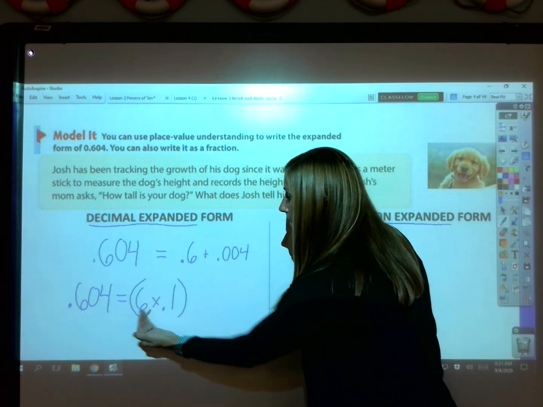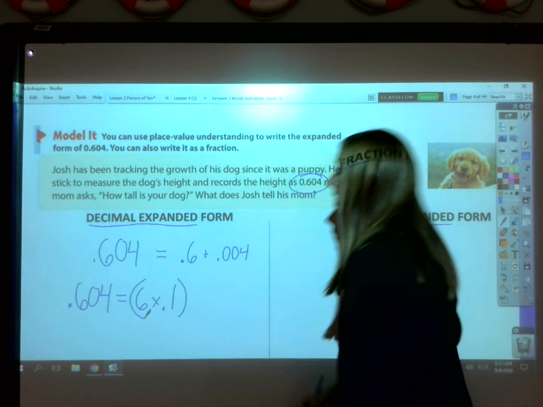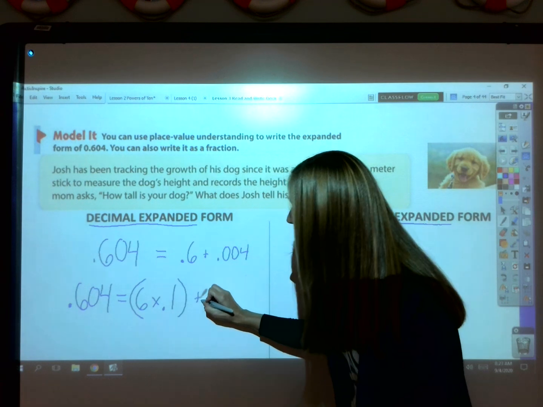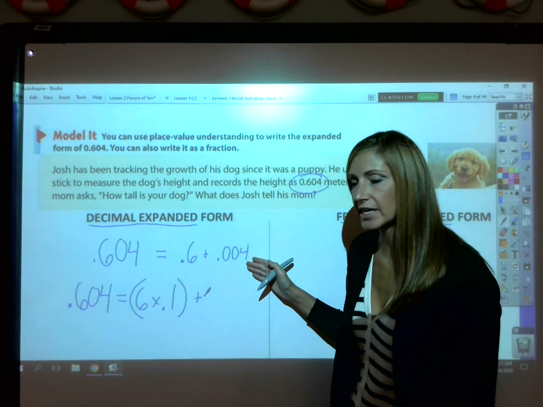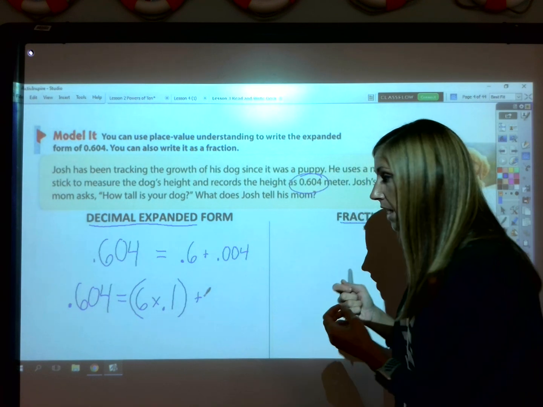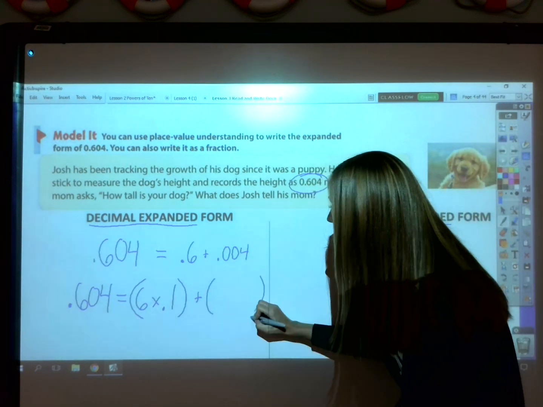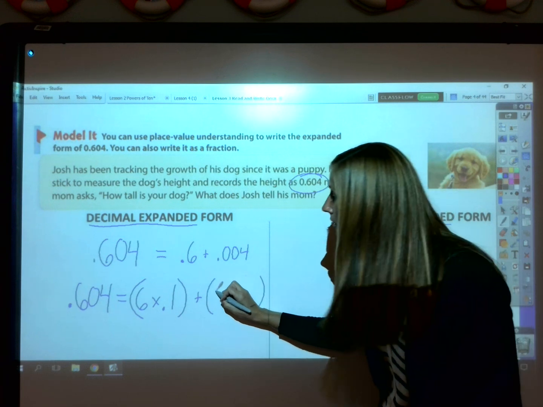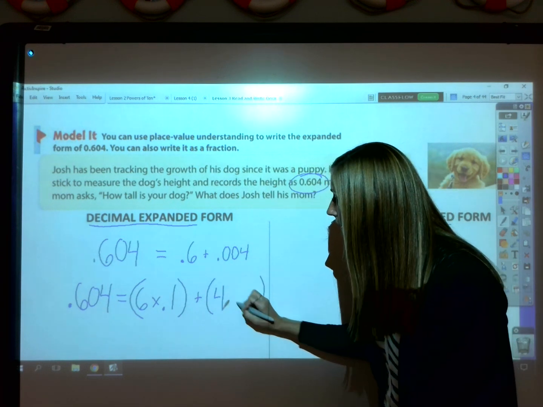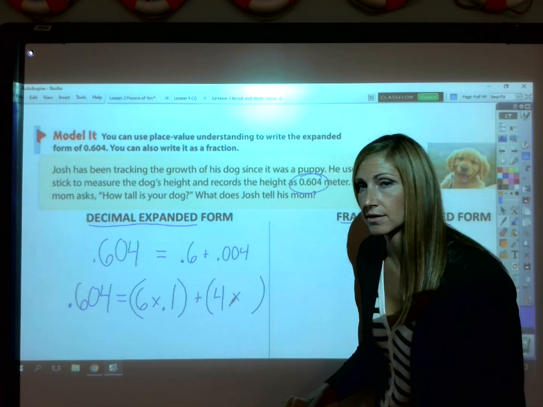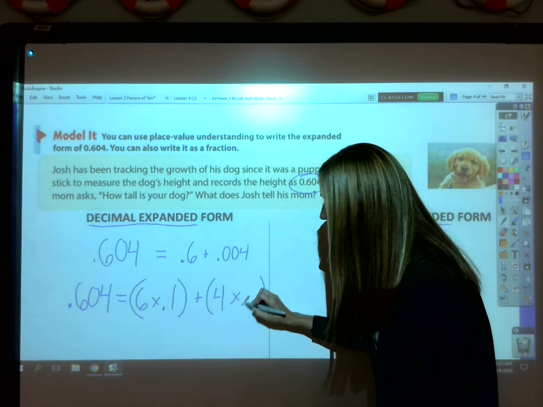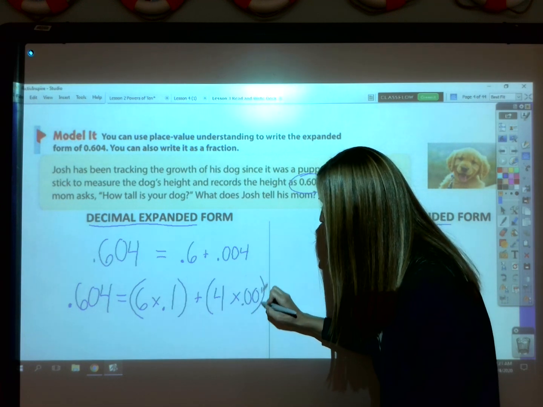Digit, place value. Just like this, I'm going to add my next piece that has value in our number, this 4. I'm going to put parentheses and say, what digit do we have? 4. And what place value is it in? It's not hundreds, it's thousands, so we have to put thousands.